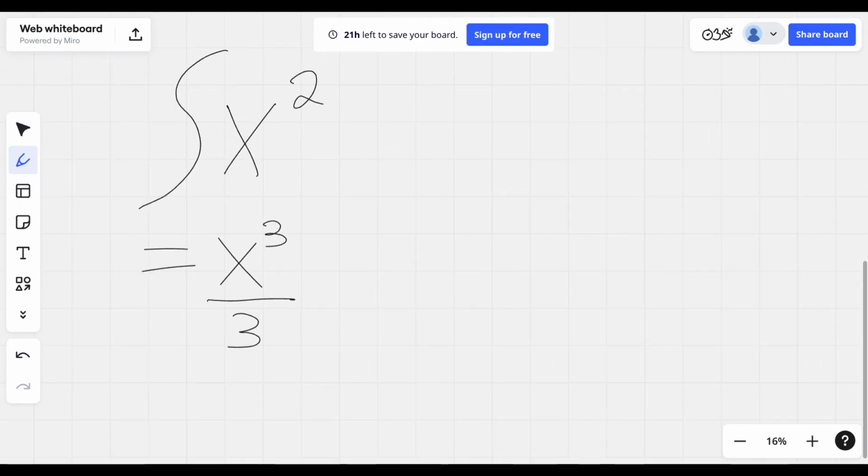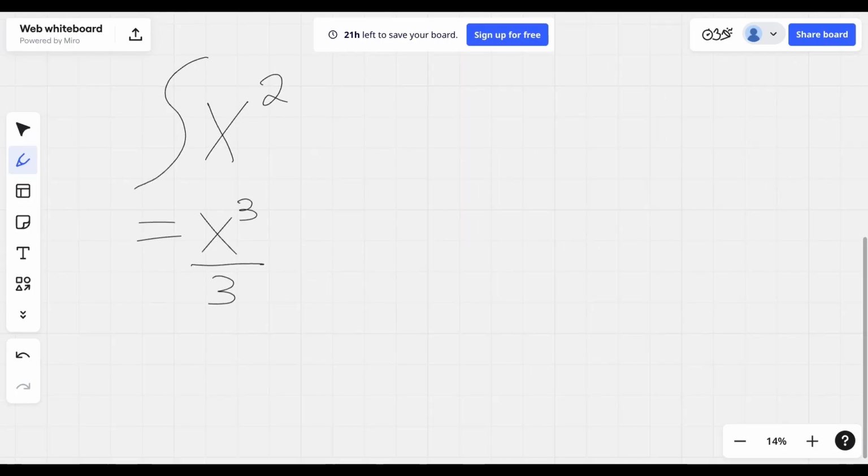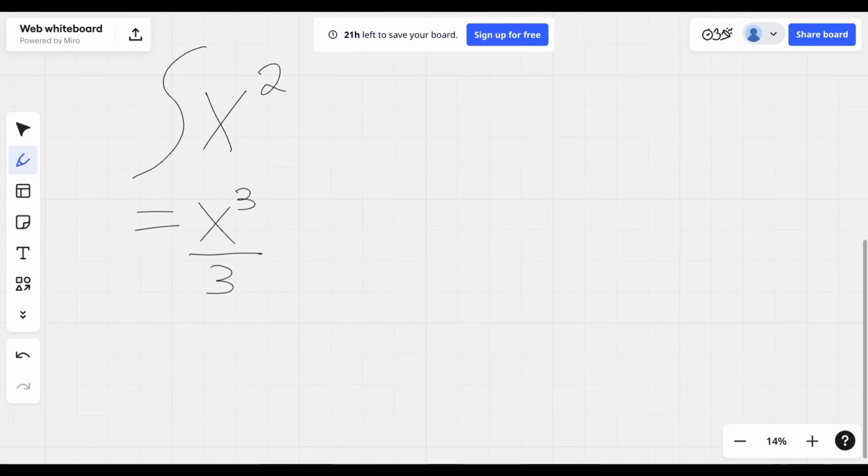And that's the power rule. Anytime you have a function that's just x to the power of something, or a constant, then it'll always be the power rule. So you just add 1 to the exponent and divide by the new exponent. And then don't forget plus c. Plus c matters. It's very important.